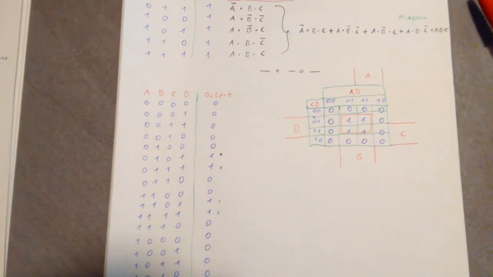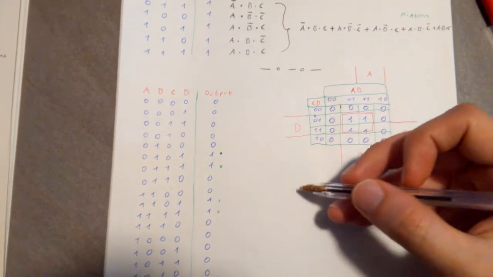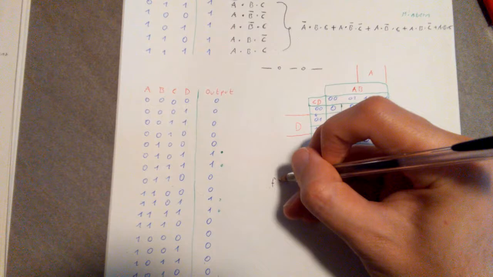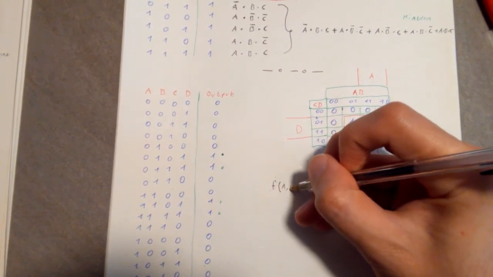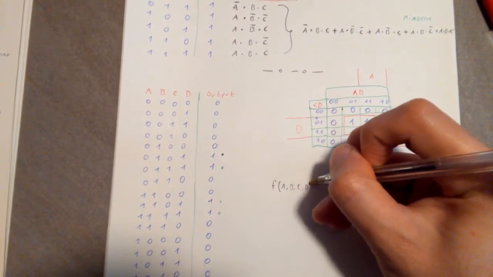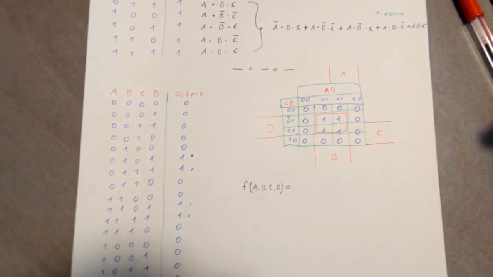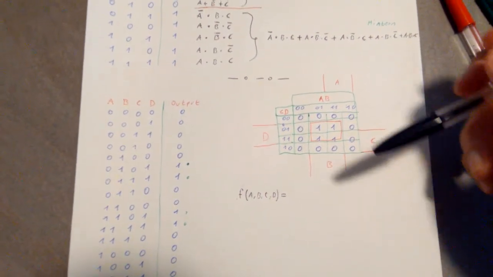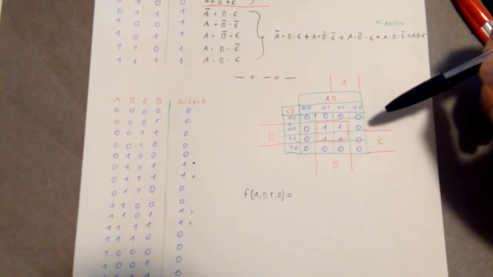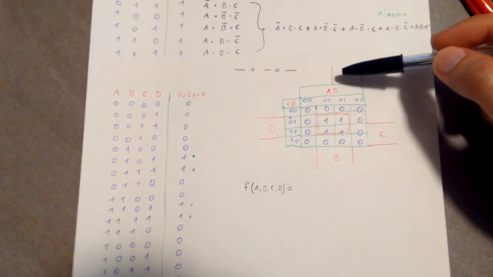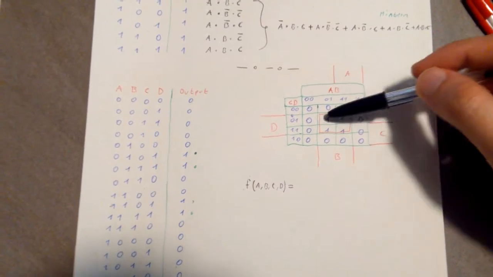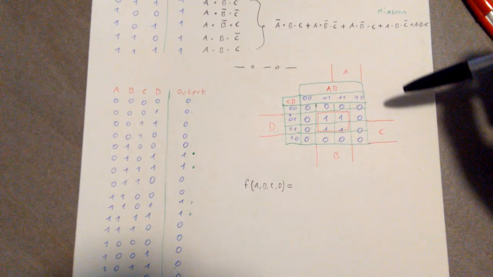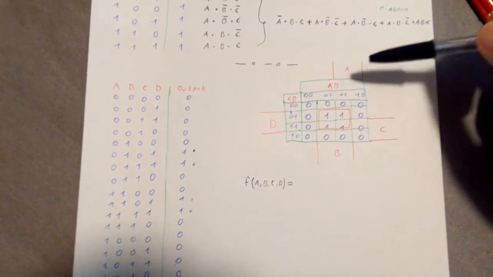Now I'm going to have to write my expression, F of A, B, C, and D. So what's my expression? Well, my expression is actually given by where those are asserted. I'm going to look at A, but this is only one group, so it's fairly easy. I'm going to look at A first.